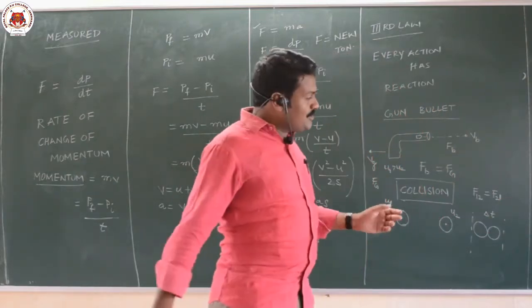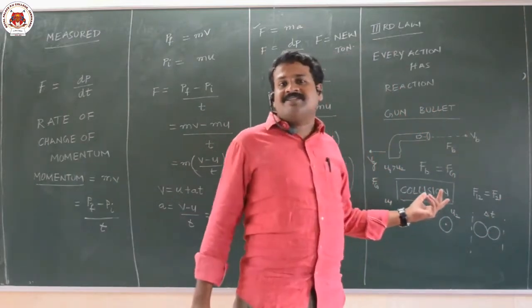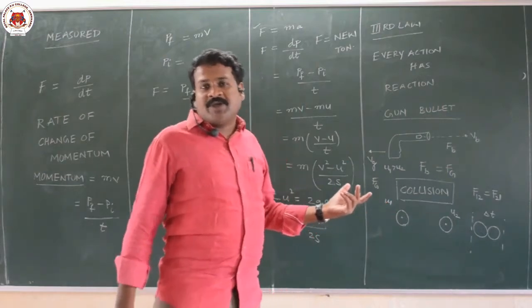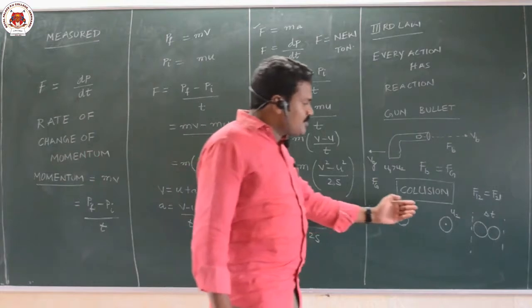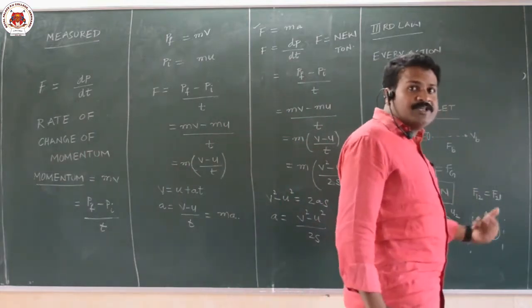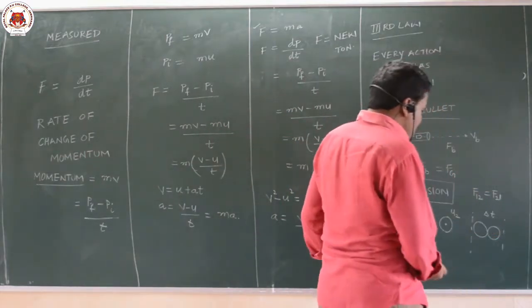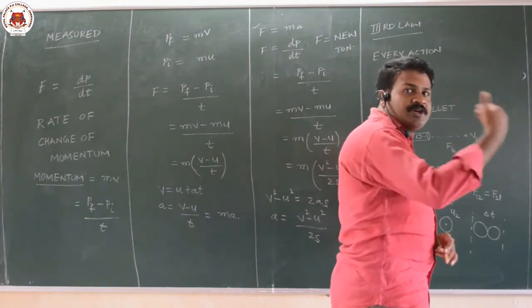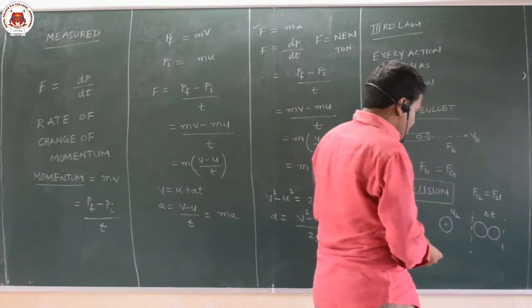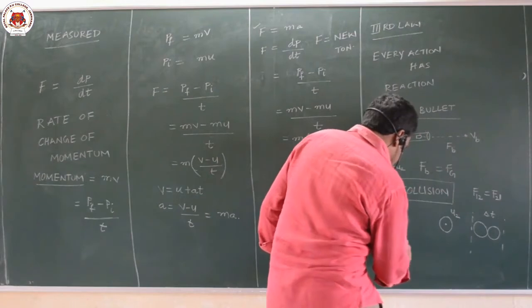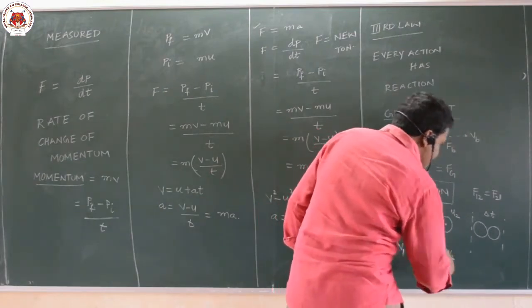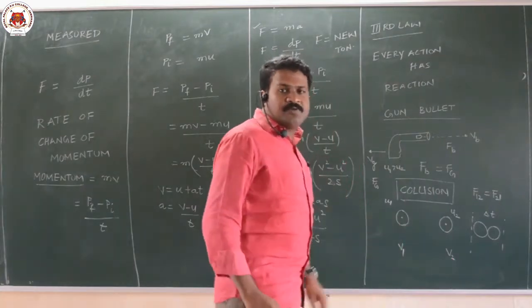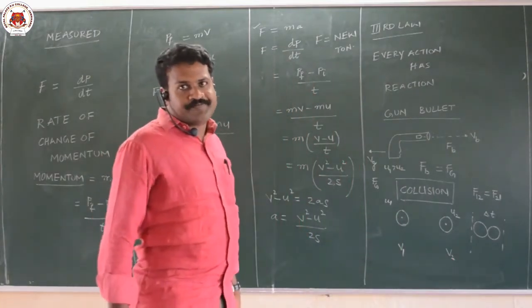A collision is a temporary interaction between two bodies where exchange of momenta takes place. So afterwards their velocities will change. The first will get a velocity v1, the second will get a velocity v2. It is an example for Newton's third law.